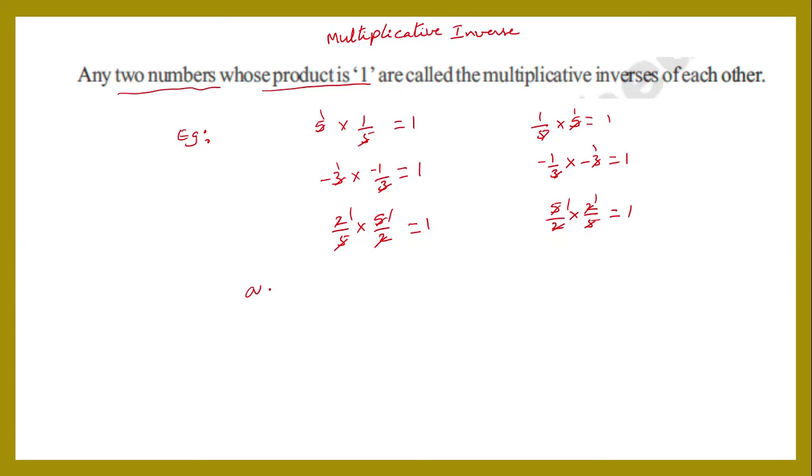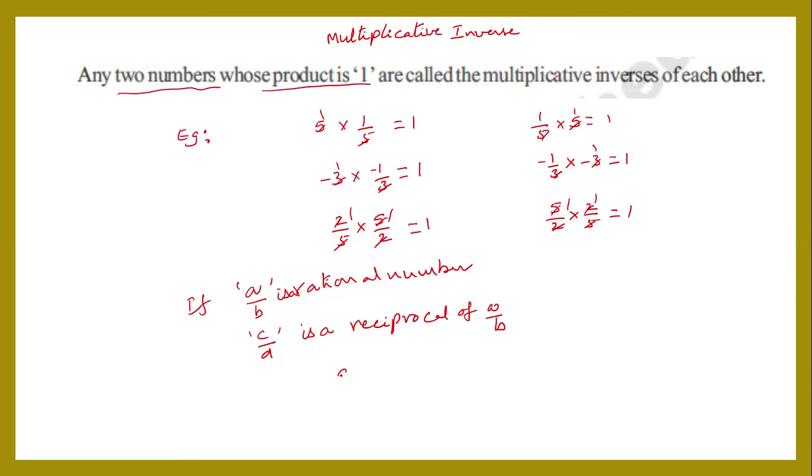If a by b is a rational number, the reciprocal of a by b, now what is that? You take that as c by d. c by d is the reciprocal of a by b.